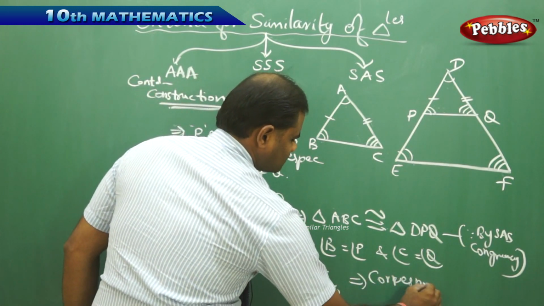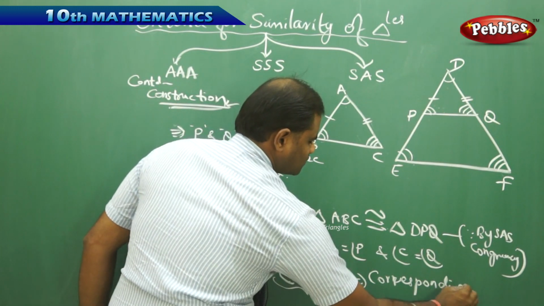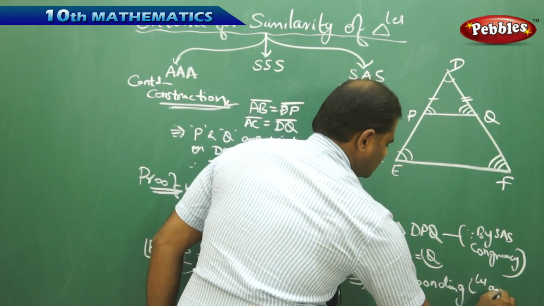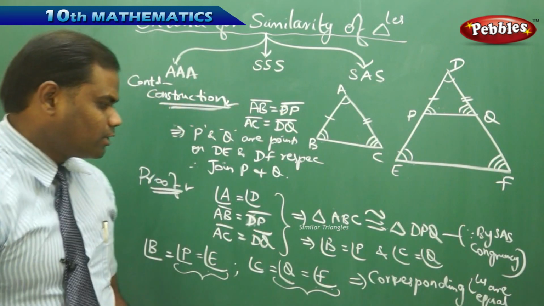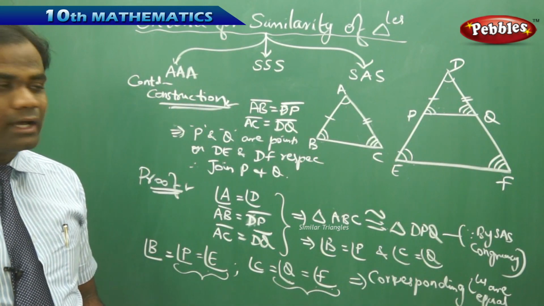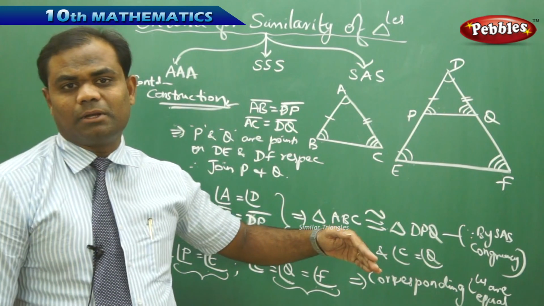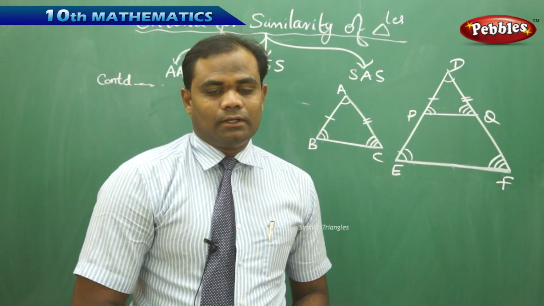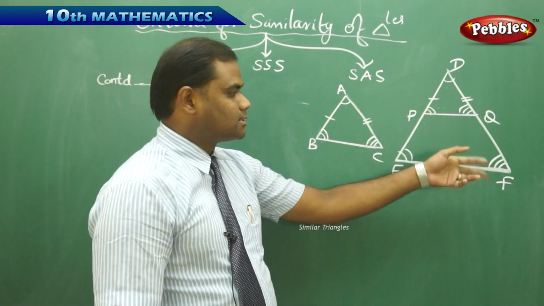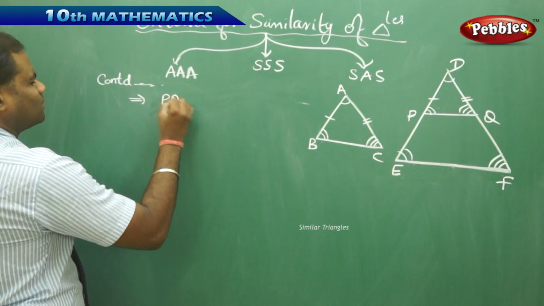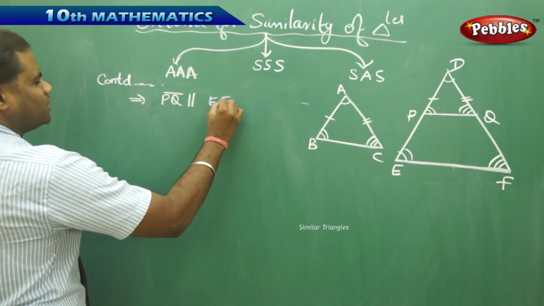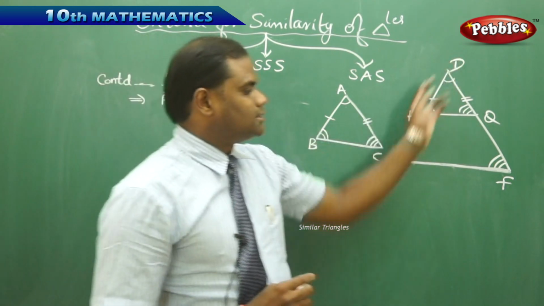Now, since the corresponding angles are equal, that implies PQ is parallel to EF in triangle DEF.